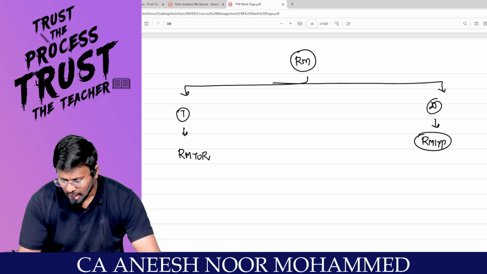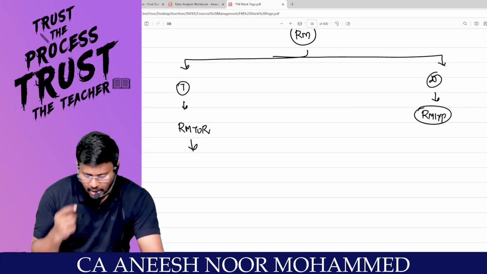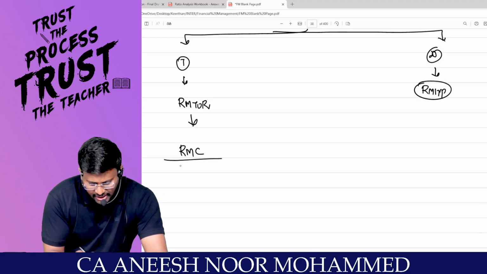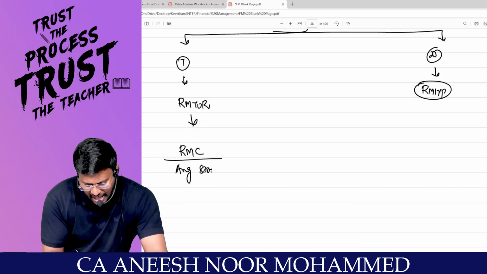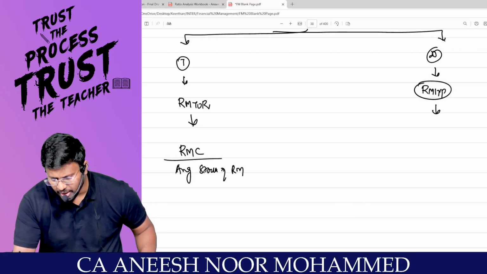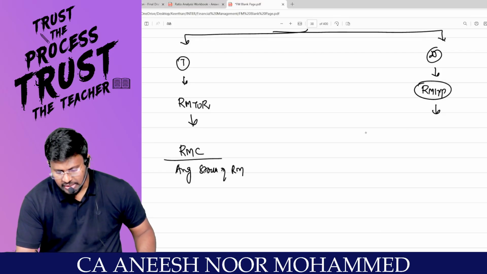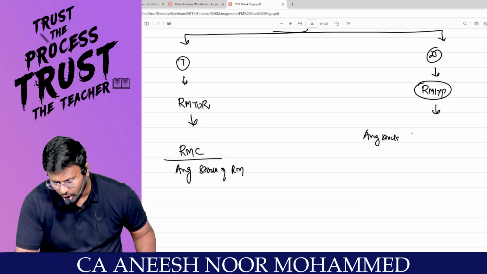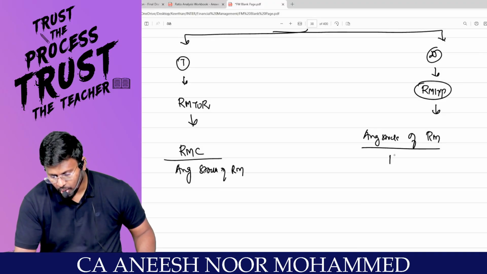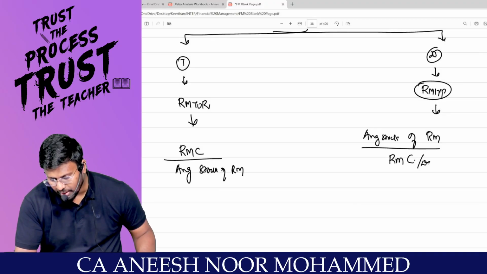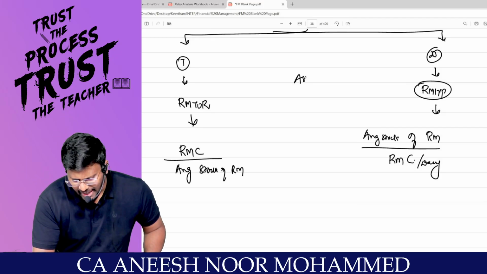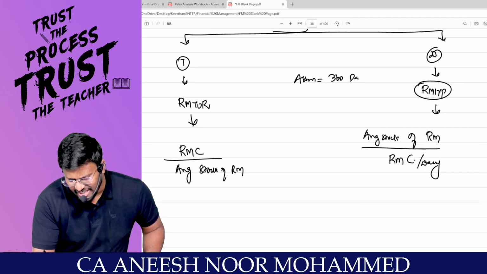Raw material turnover ratio is equal to raw material consumed divided by average stock of raw material. Holding period is equal to average stock of raw material divided by raw material consumed per day. For the entire question, assume 360 days, my dear lovable students.